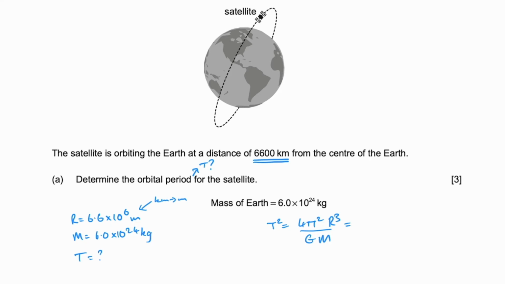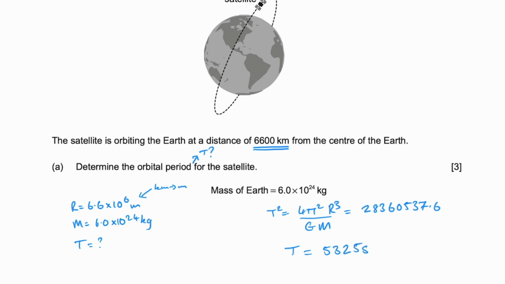So we pop all those numbers in, and we come up with T squared equals 283,60537.6 to give us a value of 5,325 seconds. Let's put it down to two significant figures. 5,300 seconds.